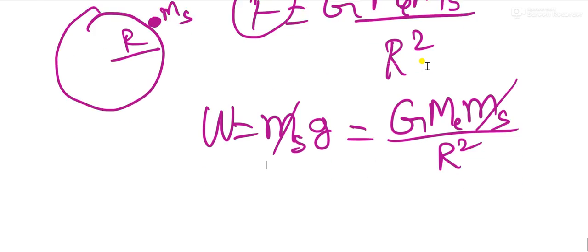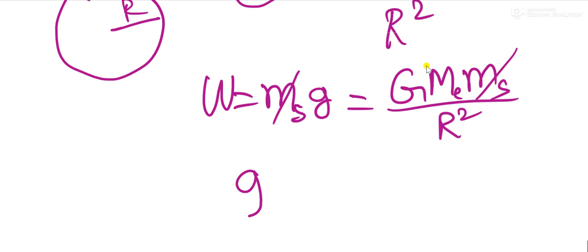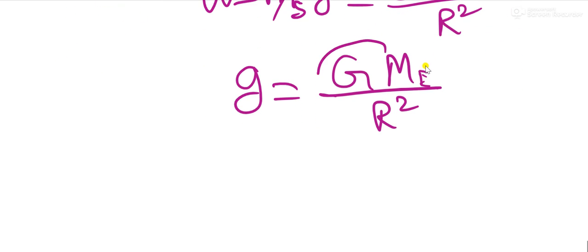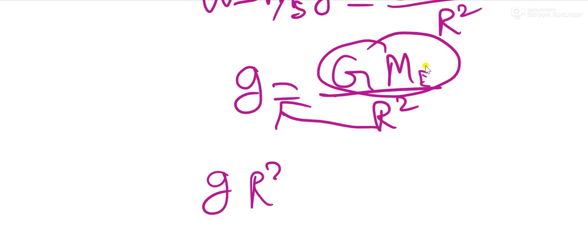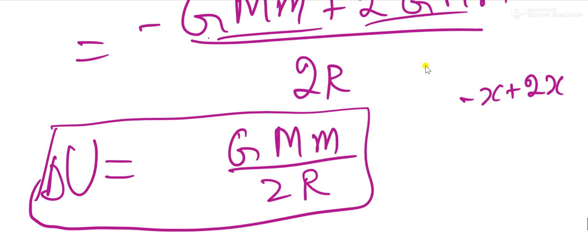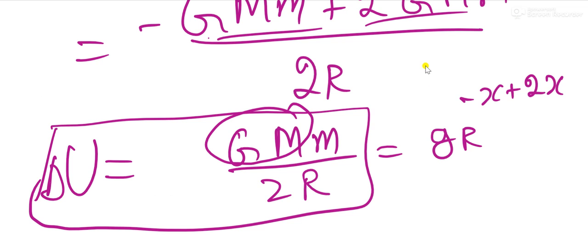So to find the relation with small g, because in the final answer options small g is given, you should relate with small g also. Capital G times the mass of the earth is equal to small g times R squared, that is G M equals g R squared. This relation you can use. So capital G M, you can replace with g R squared, times the mass of the satellite divided by 2R.